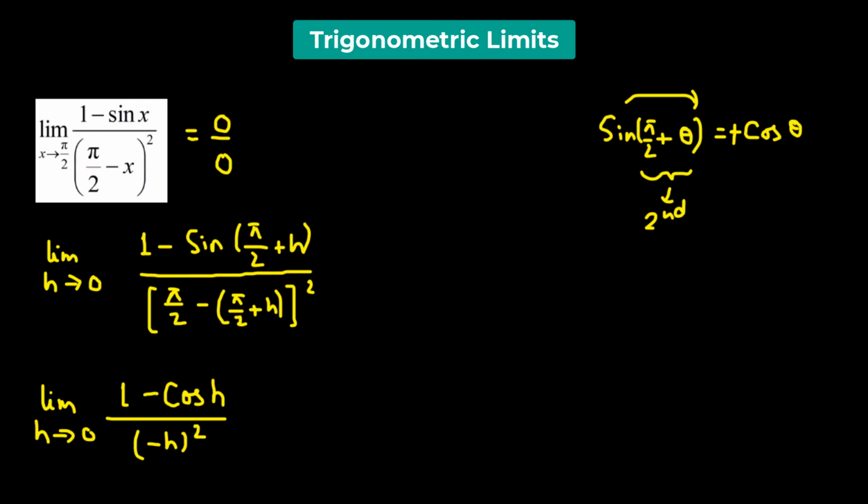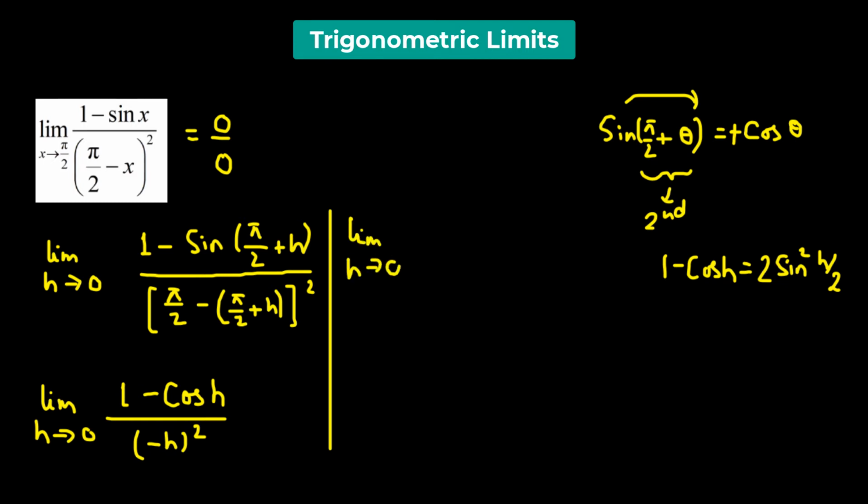Now we're going to further simplify 1 minus cosine h. We're going to do the substitution, 2 times sine squared of h over 2. So we have limit h tends to 0, where 1 minus cosine h becomes 2 times sine squared (h/2), divided by h squared.